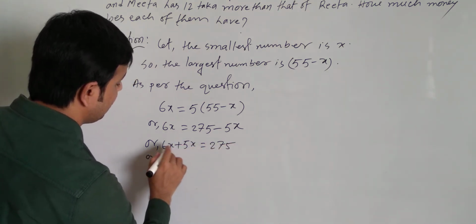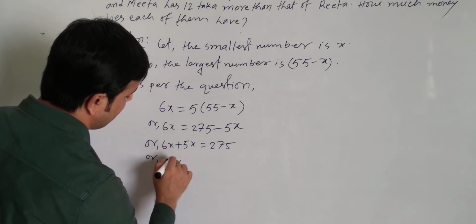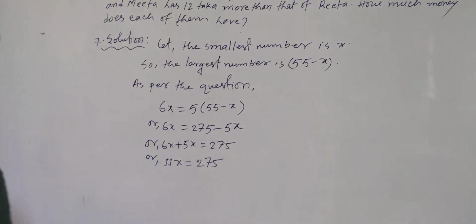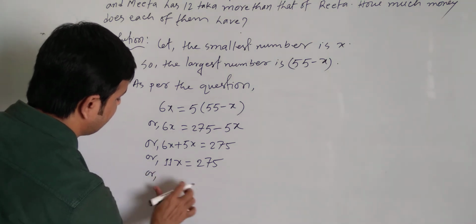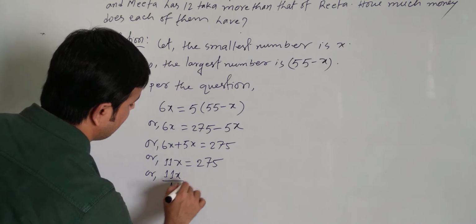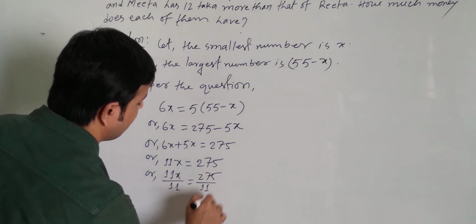So if we add 6x and 5x, we will get 11x, that is 275. Okay dear students, now remove 11, it means that you have to divide both 11x by 11 and 275 by 11.